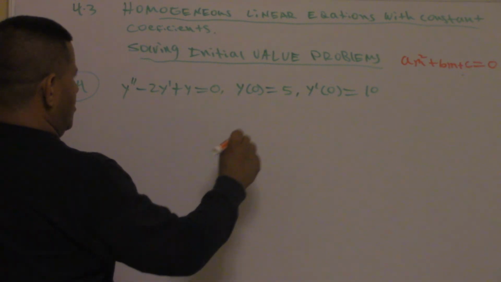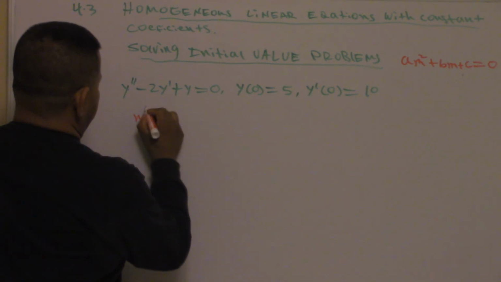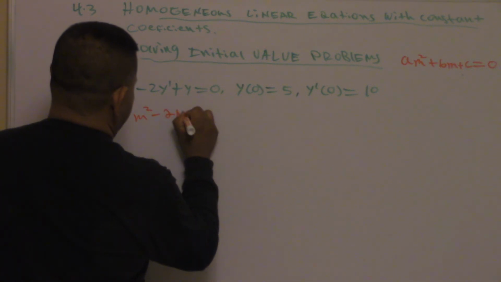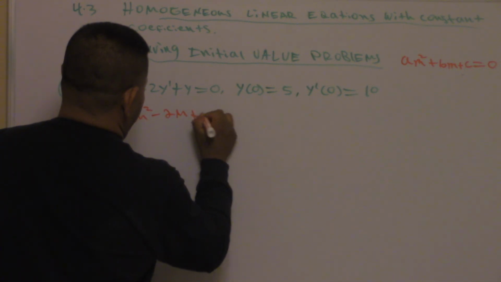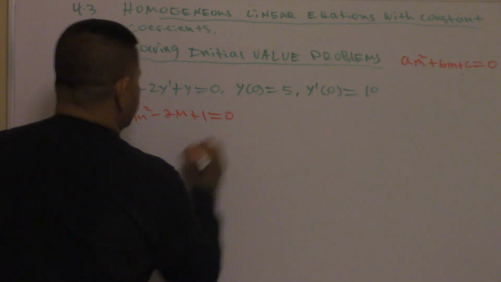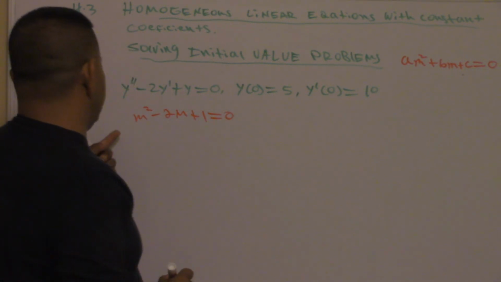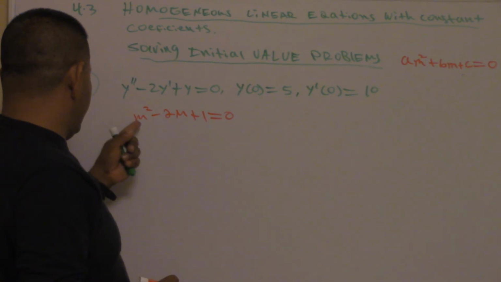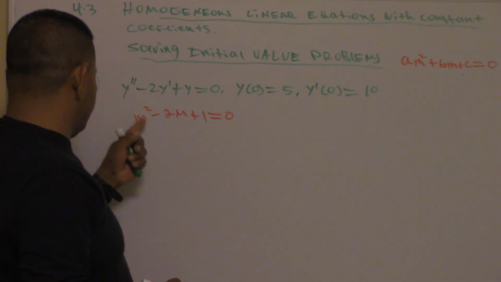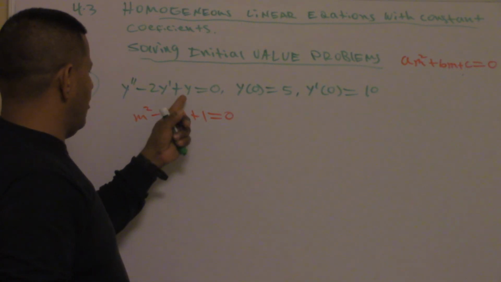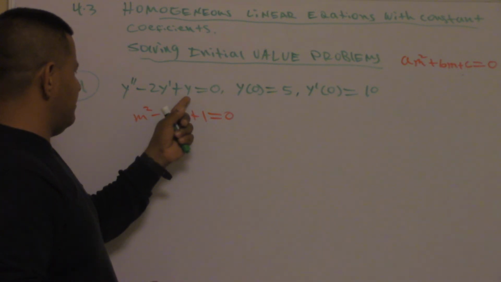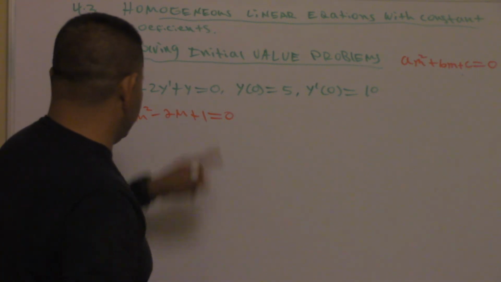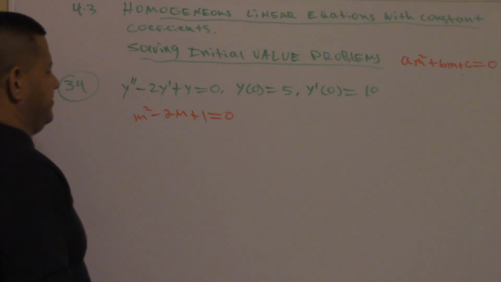So m squared minus 2m plus 1 equals 0. I replaced the derivatives with m, and over here, because I didn't have the derivative on the plus y but I have a coefficient of 1 in front of it, I just substitute 1.